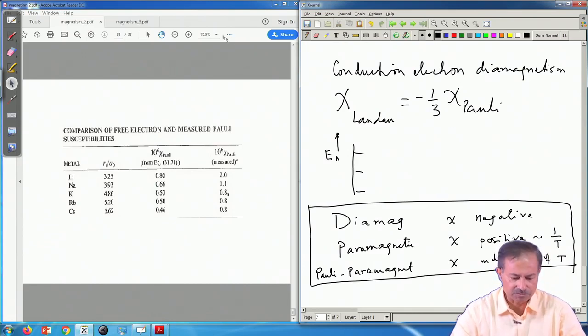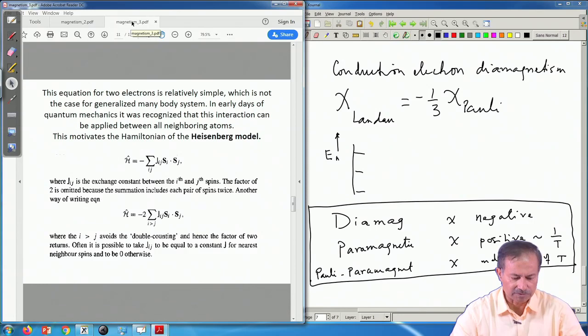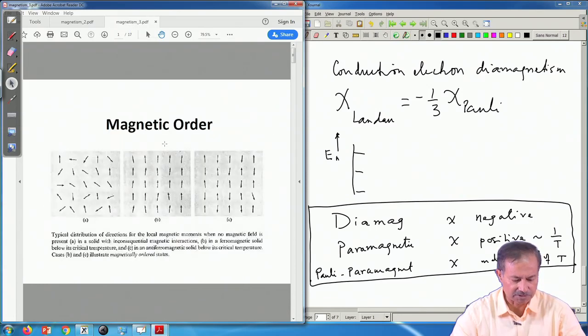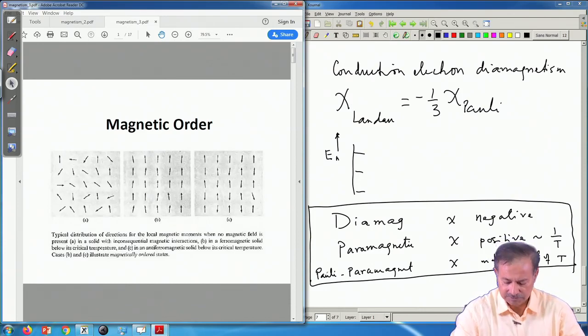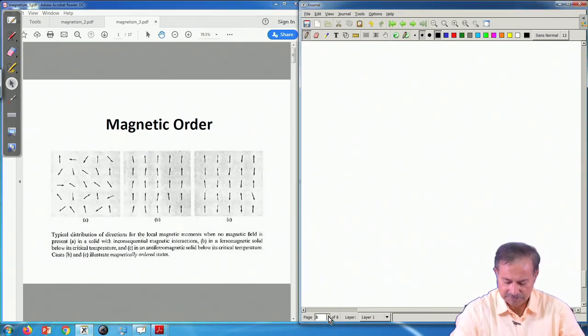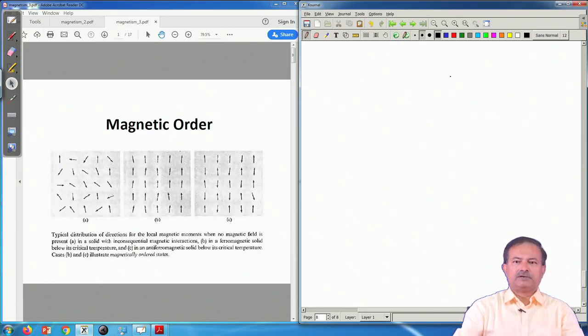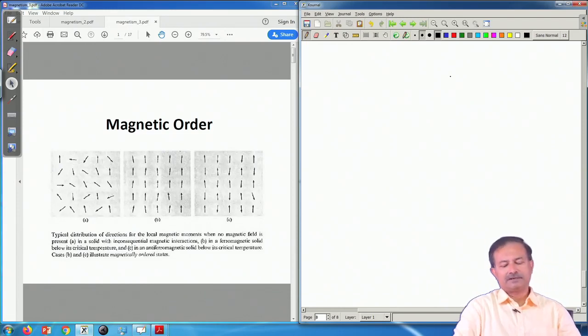So, let me just introduce you first to what these systems are all about. So, this is about magnetic order.